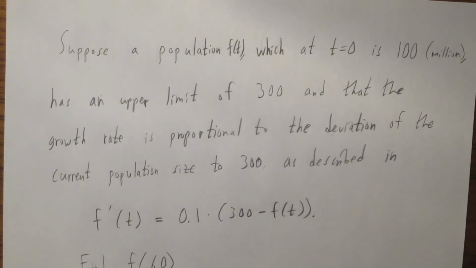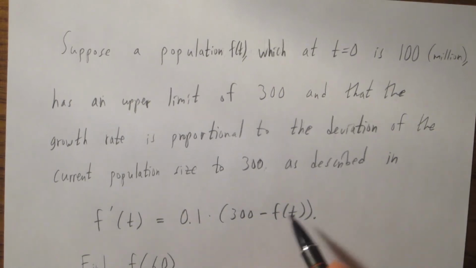Suppose this population has an upper limit of 300, and furthermore that the growth rate of the population is proportional to the deviation of the current population size to this upper limit of 300, as described in that the derivative of your population function, that's to say the rate of change of the population, is 0.1, some number, times this deviation of the population from the upper limit of 300. And the task is then to find f of 60, let's say the population in 60 years' time.